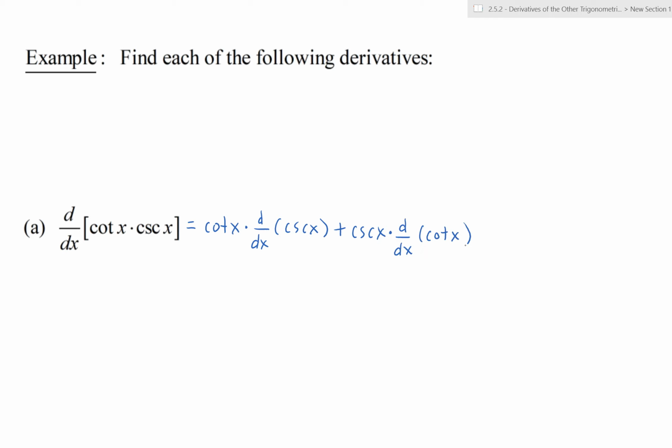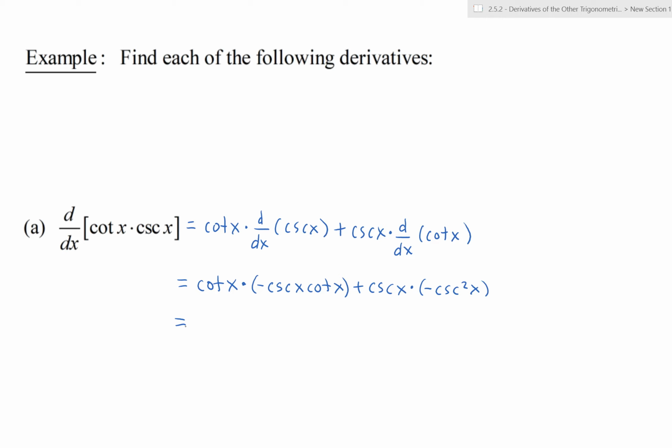cotangent of x. And so remember what these derivatives are. You can reference what we had just written above. Well, we get cotan x times the derivative of cosecant of x, which, if you recall, is negative cosecant of x times cotangent of x, and then plus a cosecant of x times the derivative of the cotangent function, which is the negative cosecant squared function here.